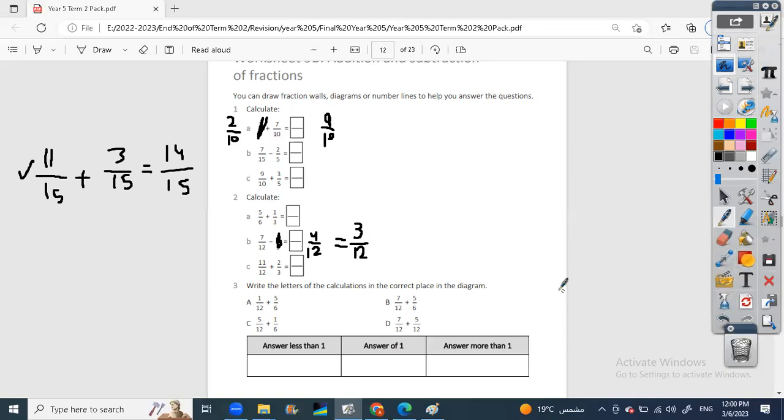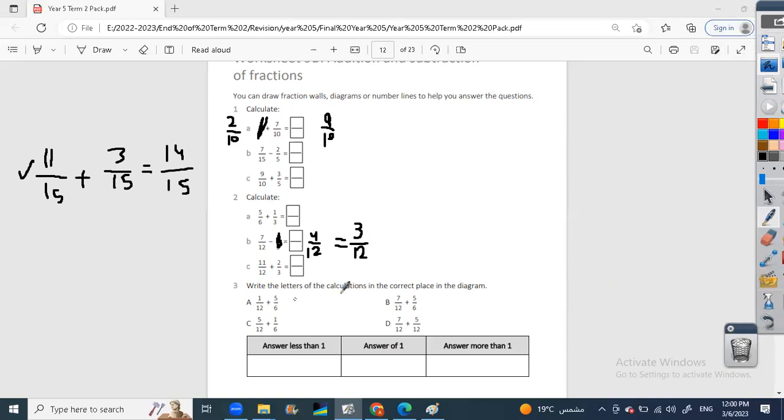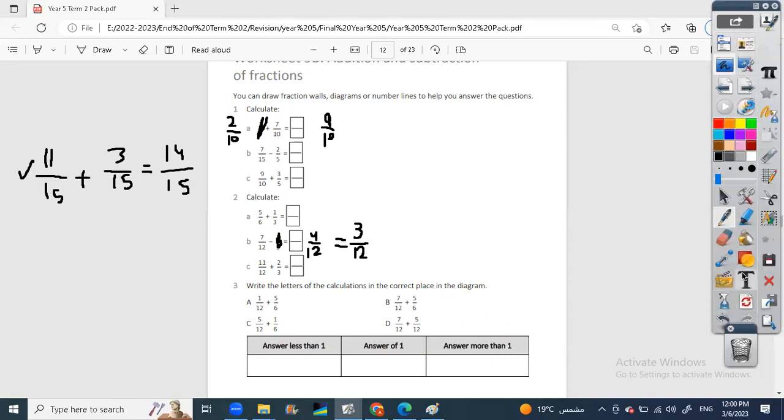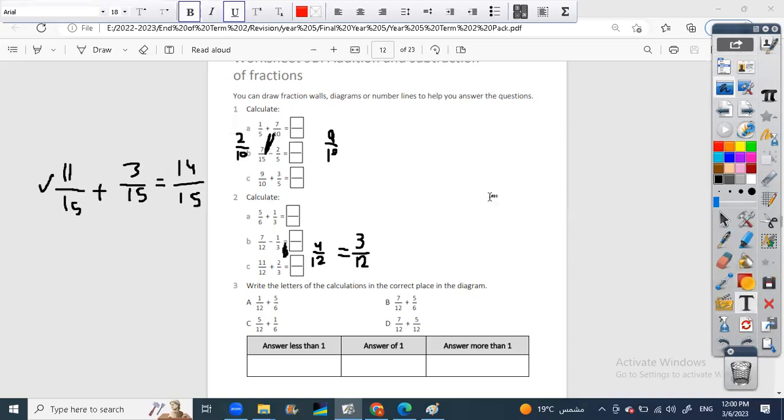Okay. Mister, if they ask me to put the answers in this table, the answers that are less than 1, the answers that are equal to 1, the answers that are more than 1. Okay. Let's agree on one thing. We have 3 types of fractions. What are they? I'm going first to erase everything that I wrote here.